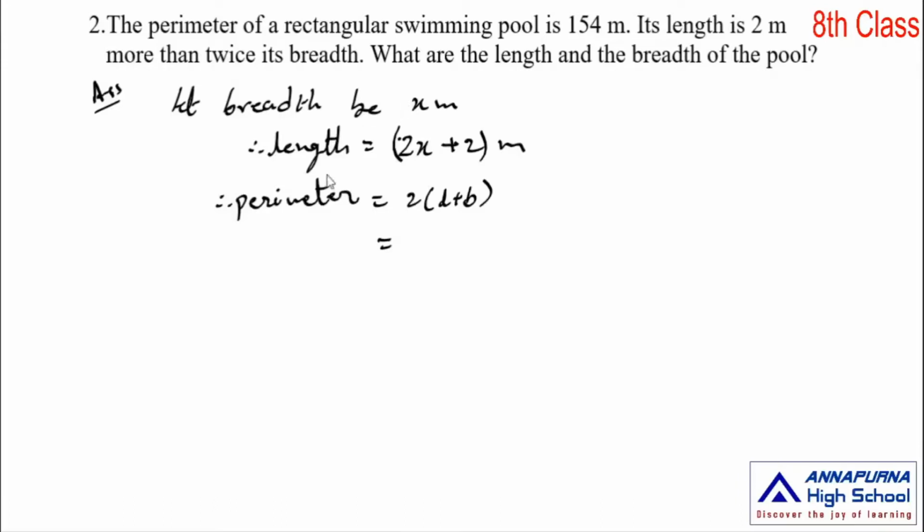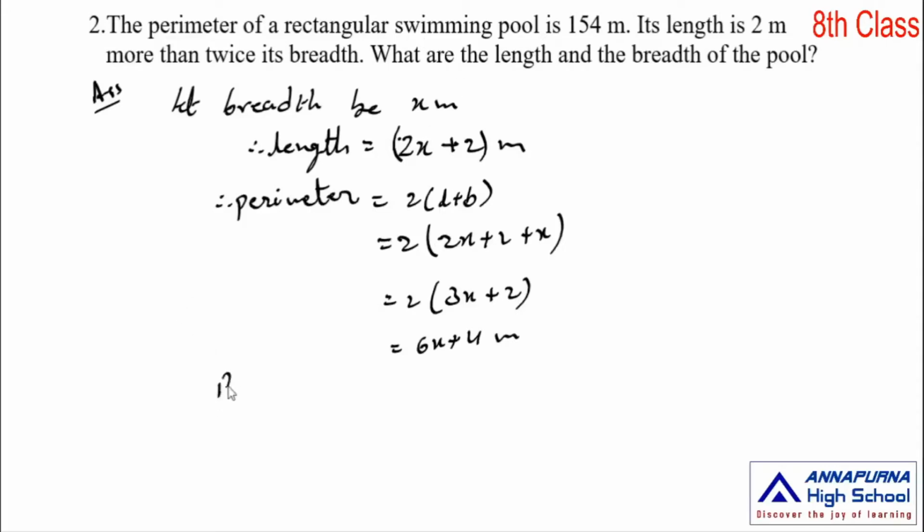The length of the swimming pool is 2x plus 2 meters and its breadth is x meters. So substitute these two in this formula: 2 into (2x plus 2 plus x), length plus breadth. So it is equal to 2 into (3x plus 2). So it is equal to 6x plus 4. This is the perimeter of the rectangular swimming pool.